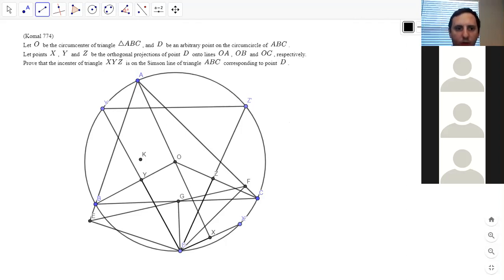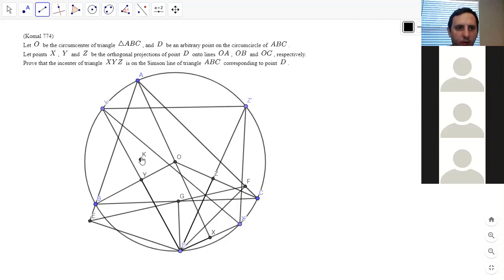Okay. So should I draw this like? We can delete the Simson line and draw the Steiner line. What's the Steiner line? Is it through the orthocenter?